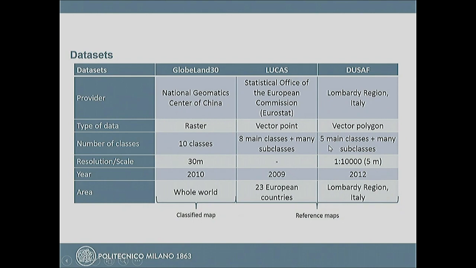It has 5 main classes plus many subclasses. So again, different with respect to Global 30 and different also with respect to Lucas, unfortunately.